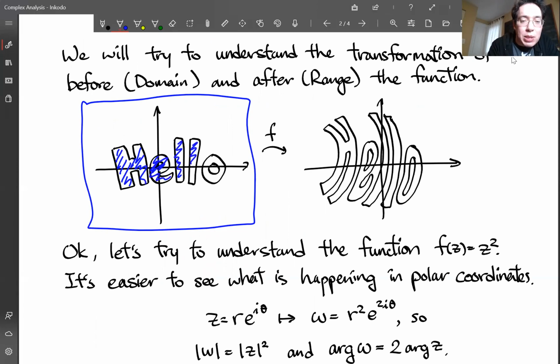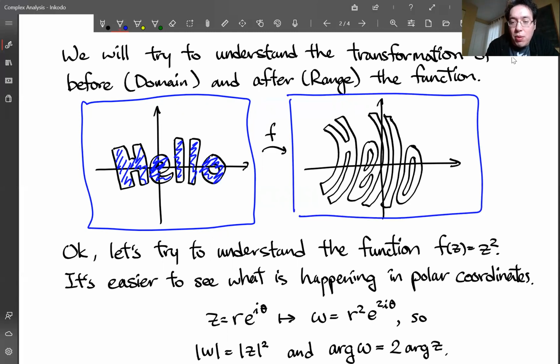I'm coloring it in because that's the possible input values, and try to deduce what the range looks like for that function. So you might distort it, you might stretch it, you might compress it, you might rotate it.